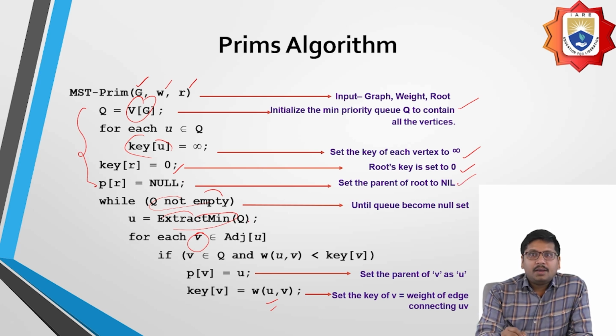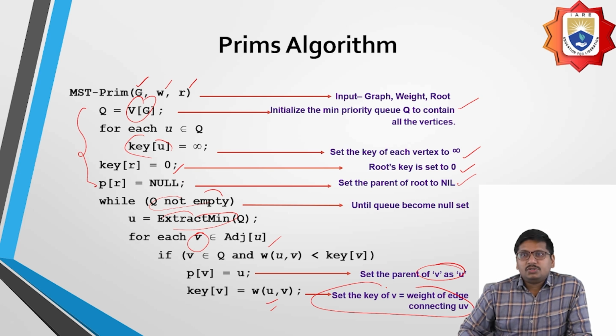While Q is not empty, u is equal to extract-min of Q. For each v that is adjacent to u, if v belongs to Q, then set the parent of v as u, and set the key of v to the weight of the edge connecting uv.